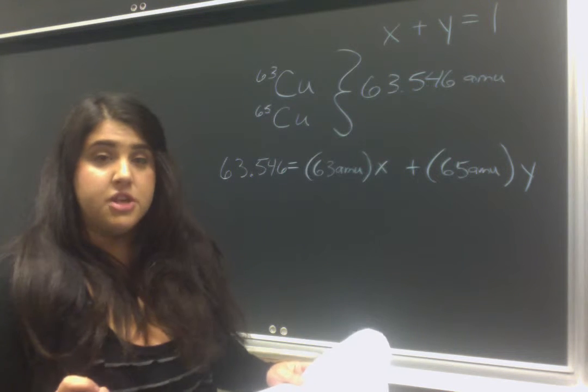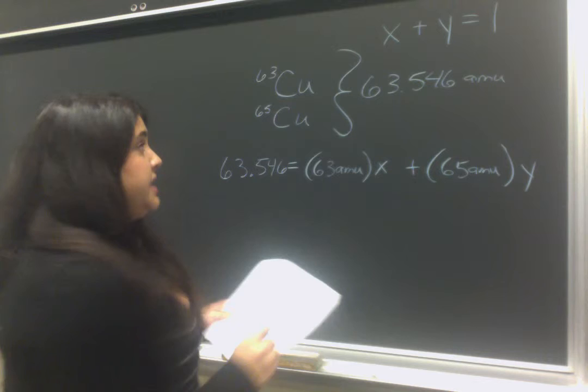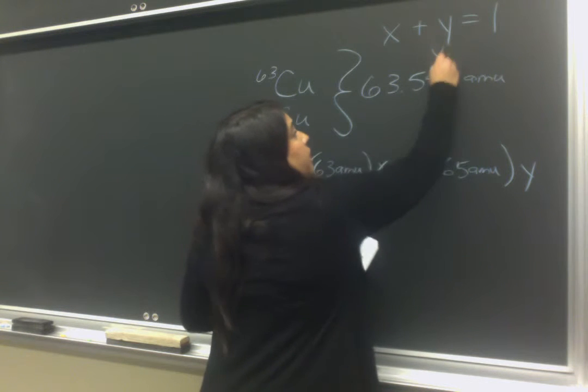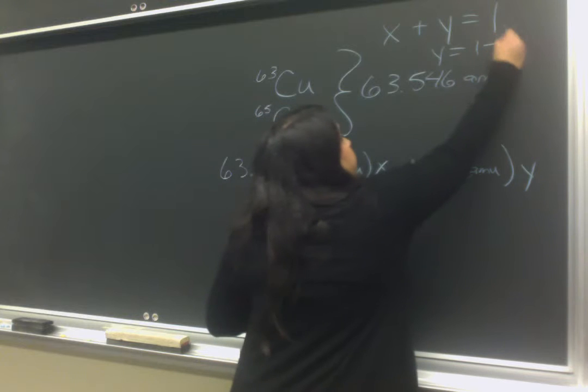So the way that I can solve for this is, given two equations, I can solve for X or Y. I'll choose to solve for Y, which is 1 minus X.